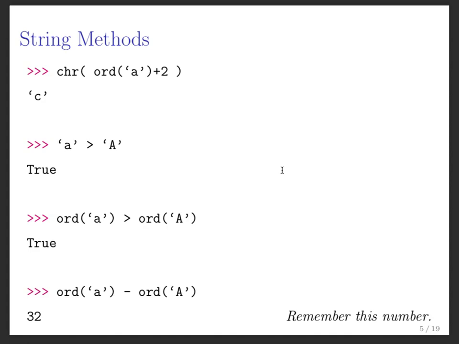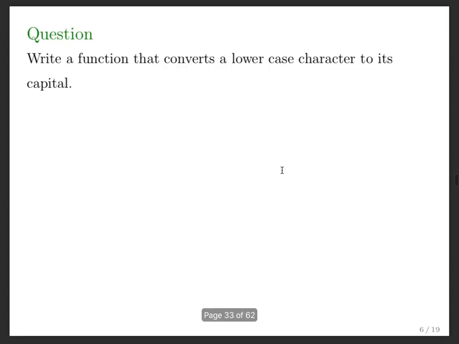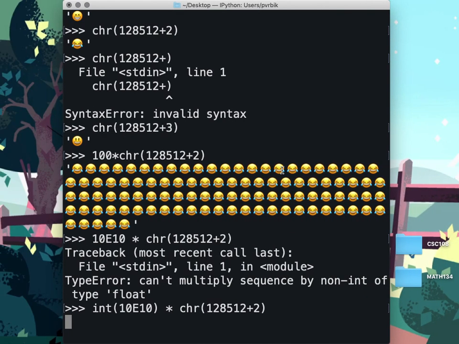I just want you to remember this value 32, right? The lowercase letter is 32 Unicode characters later than the uppercase character, okay? Because now I want to write a function that converts a lowercase character to its capital. So let's give this a try.